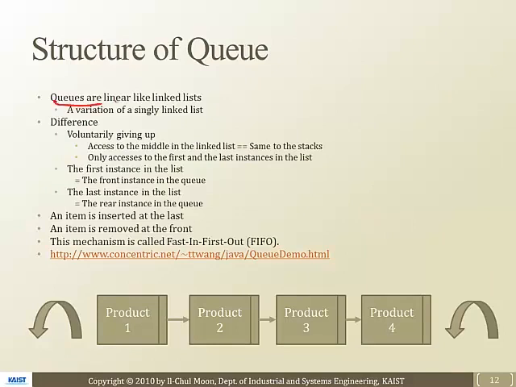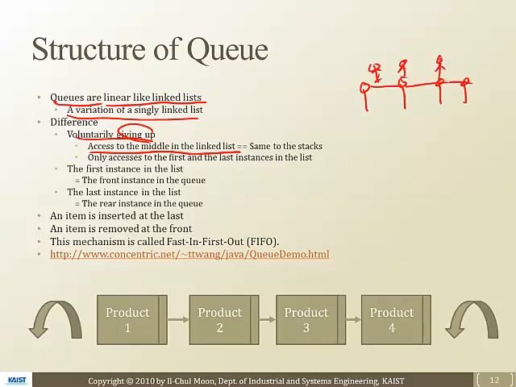So queues are actually linear, like a linked list, a variation of a singly linked list. The difference is that it voluntarily gives up the access to the middle in the linked list, because there is a pole line like this, so that people don't get in the middle. This is prevented, and people only get in at the entrance, and people only get out at the exit. So that's the queue. It voluntarily gives up the middle access, and only has access to the first and the last instances in the list.